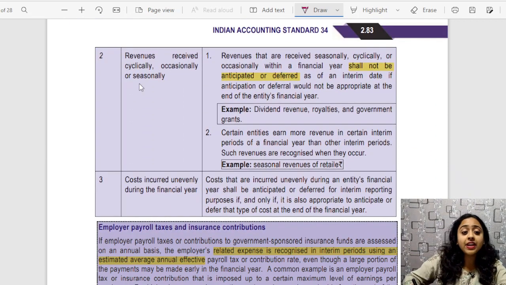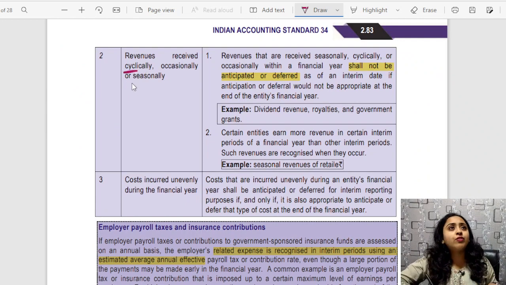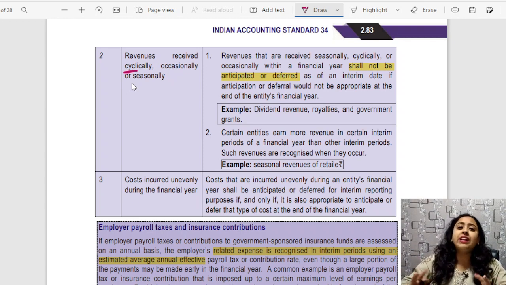Next, revenues received cyclically. That means at times, for example, every June you are receiving some amount, or occasionally you don't know when it will be received. For example, dividend: you don't know when the company will announce it or when it will be credited to your account. Will it be credited this year or next year? You don't know.